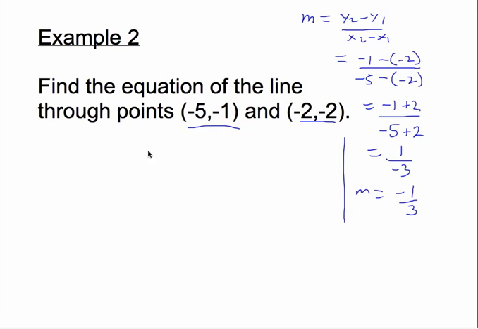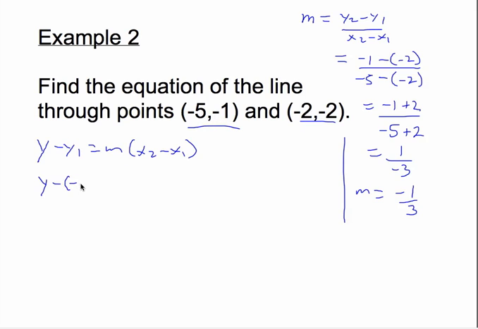Alright, so we're going to use that slope in our point-slope form right now. So we have y minus y1 equals m times x minus x1. And for the y1, we can use either point in this case, so it doesn't matter at all, so I'm going to use this point.